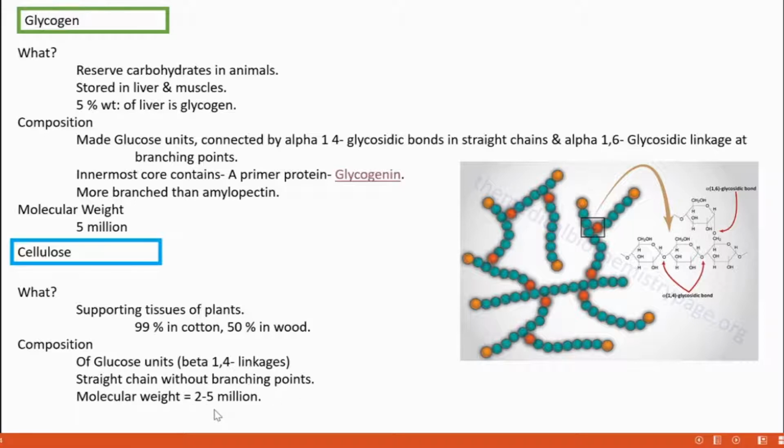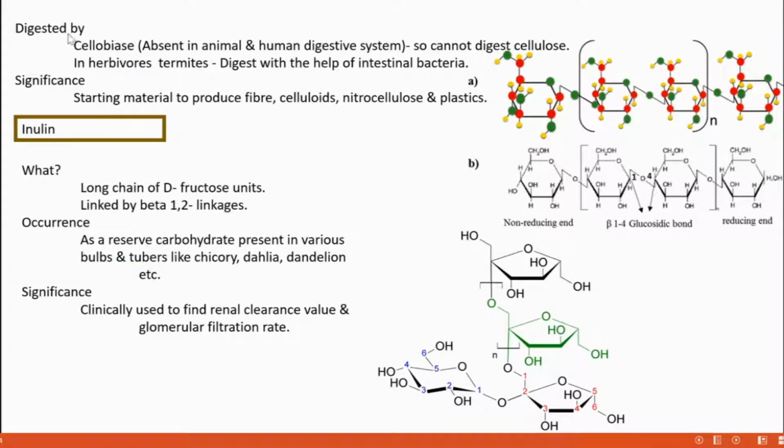Molecular weight is 2 to 5 million. It is digested only by cellulase, an enzyme present only in plants, not in animals or the human digestive system, so they cannot digest cellulose. But herbivores and termites can digest cellulose because certain bacteria are present in their intestine, and those bacteria possess that enzyme.